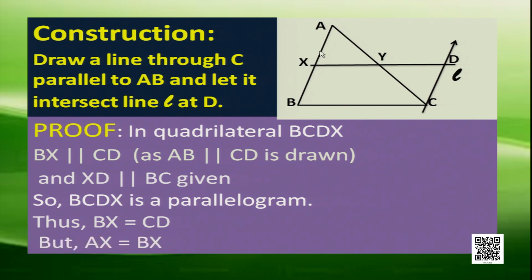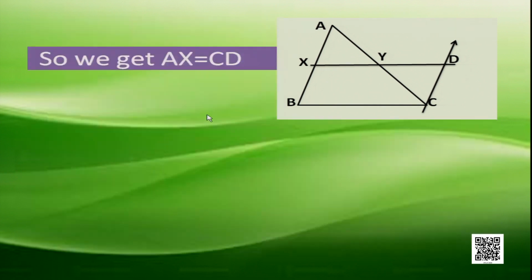Now, AX is equal to BX, as X is the midpoint. So, from these two equations, BX equal to CD and AX equal to BX, we can conclude that AX is equal to CD. If AX equals CD, let's try to prove the congruency of triangles AXY and CYD.